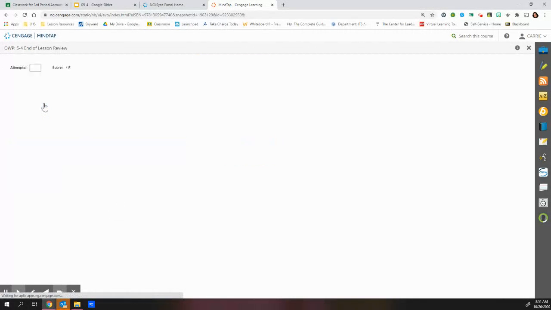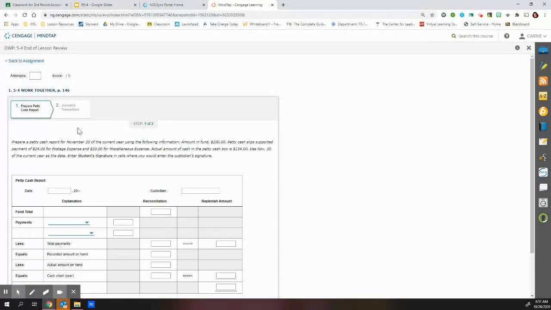And the work together problem. So it's telling us information that we need to put in. Prepare a petty cash report for November 30th of the current year using the following information. So we know it's November 30th. The custodian is going to be, you're going to put student signature.